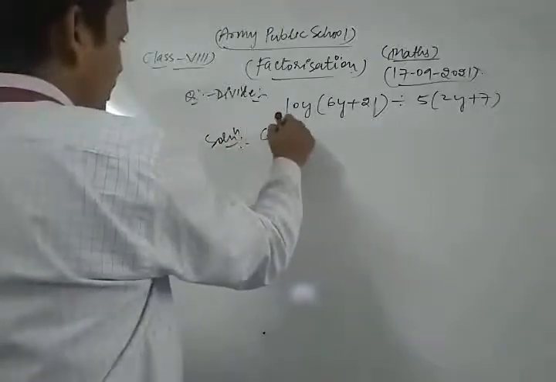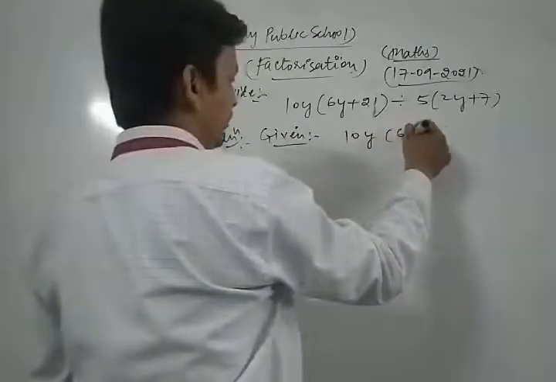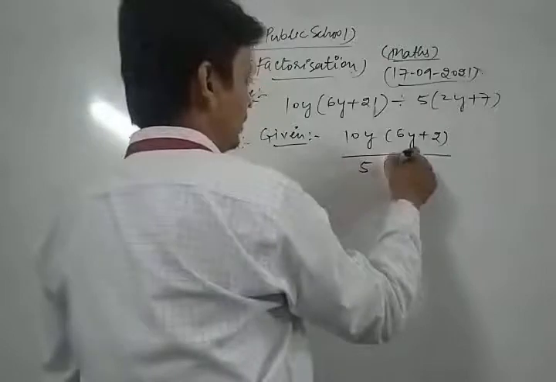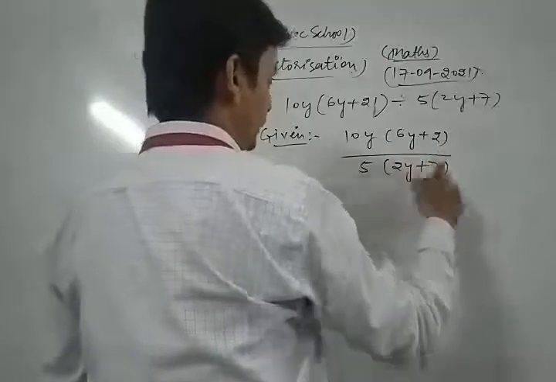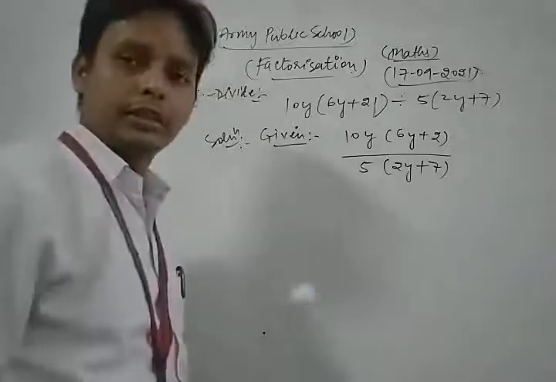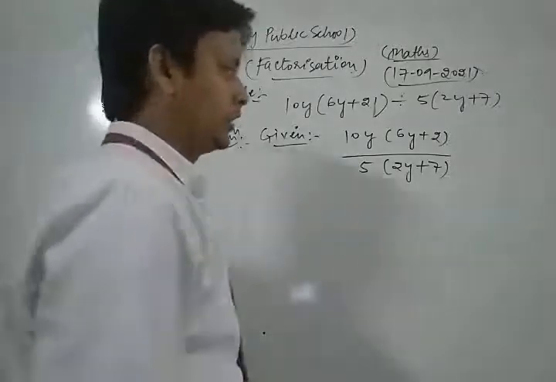First of all we write the given expression, 10y in bracket 6y plus 21 divided by 5 in bracket 2y plus 7. First we do the prime factorization in the numerator and see whether some constant or variable is common.